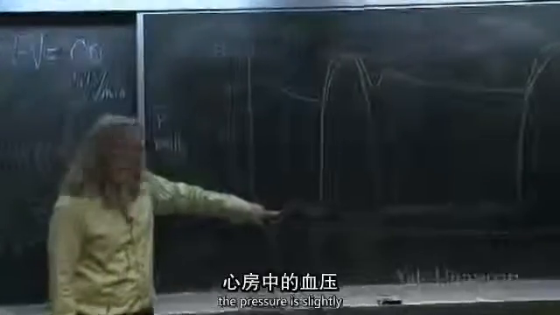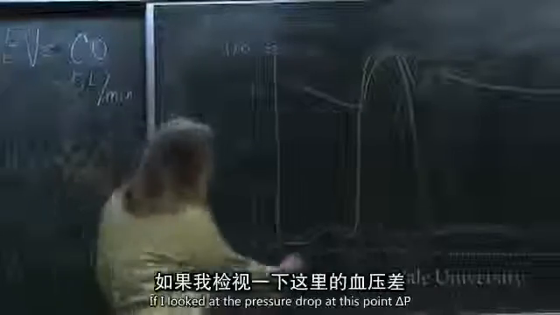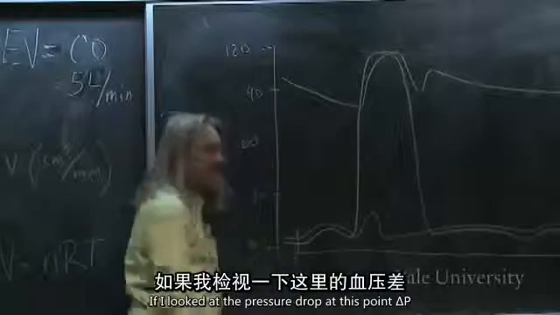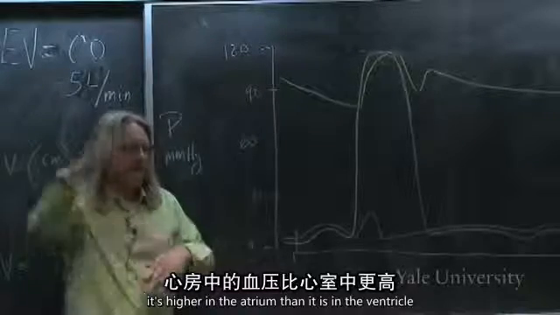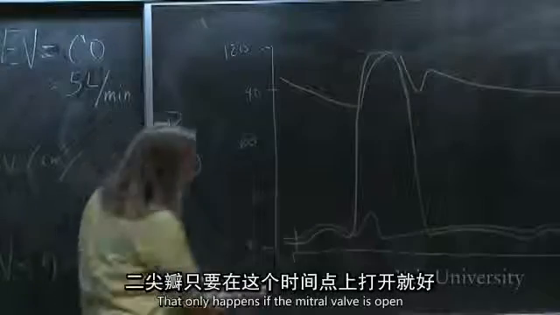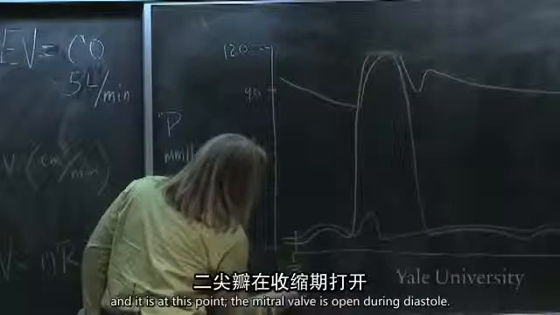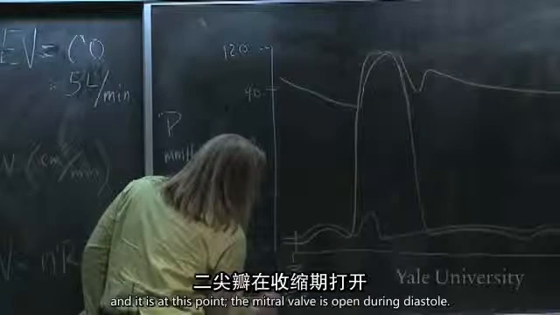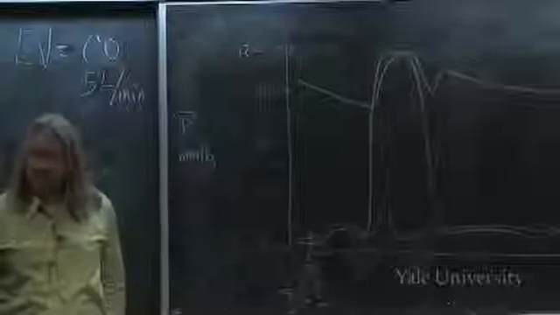The pressure is slightly higher in the atrium than it is in the ventricle. So if I looked at the pressure drop at this point, delta P, it's higher in the atrium than it is in the ventricle, and so blood is naturally flowing that way. But that only happens if the mitral valve is open. And it is at this point. The mitral valve is open during diastole.